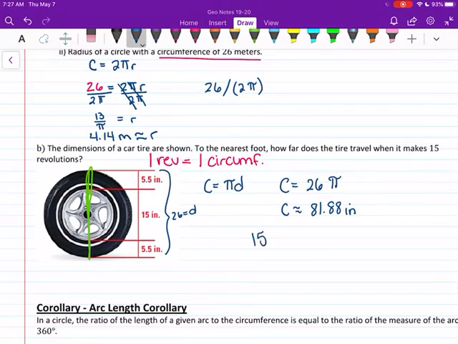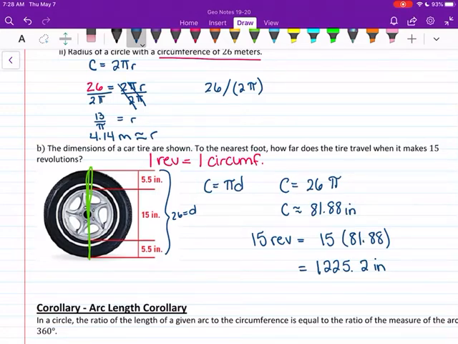So 15 revolutions is going to equal 15 times 81.88, which is approximately 1,225.2 inches. So if the tire rolls 15 times, it will travel 1,225.2 inches.